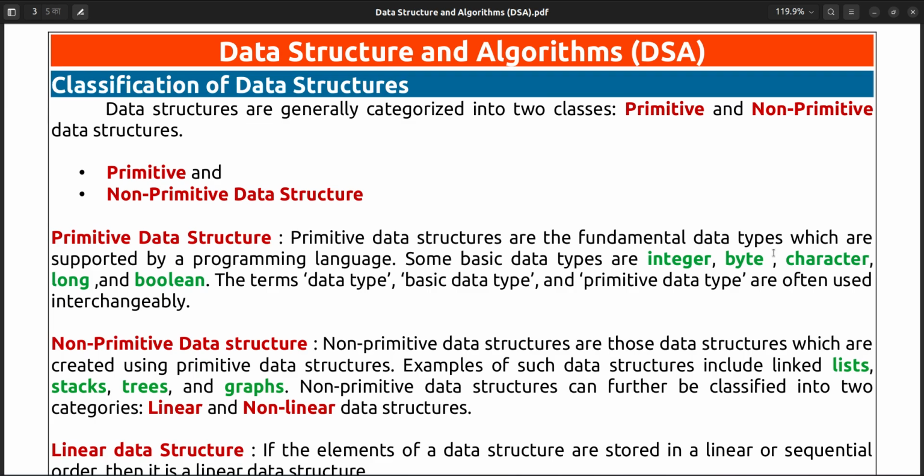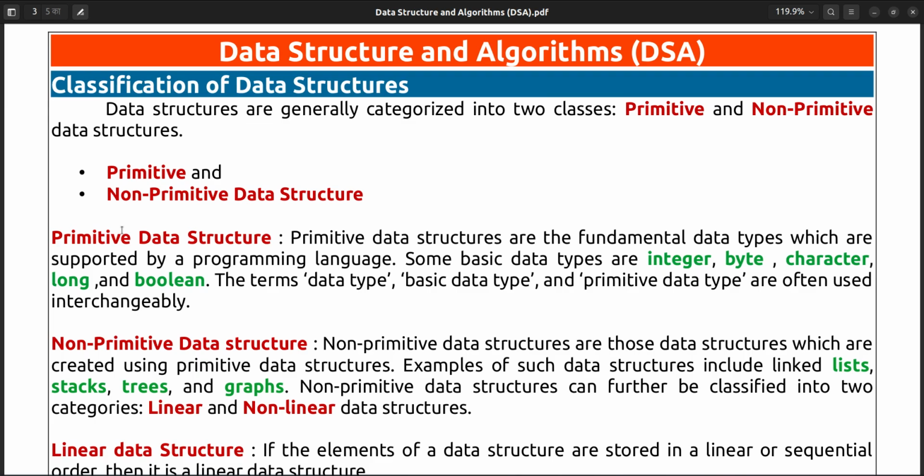Here, it is not integer, byte, character, boolean, long. We have seen this in our Java courses, Spring, Hibernate, we have learned a lot about this. What is the data type here? A primitive data type means the type is integer, byte, character, long, boolean, float, double. But a non-primitive data type is like String, or the types Student, Address, Person, Customer, Employee.